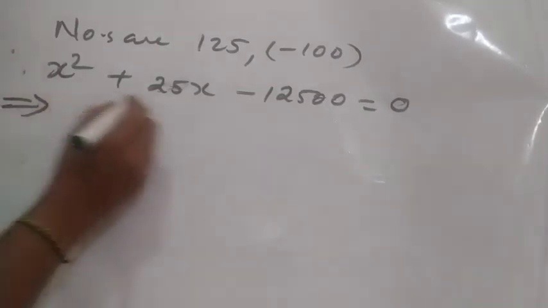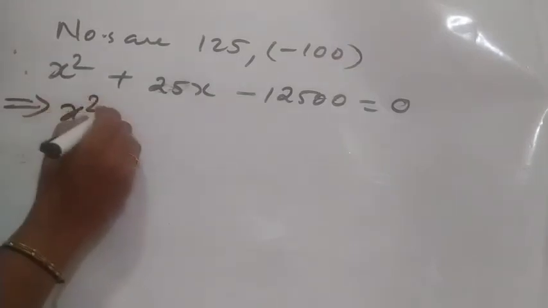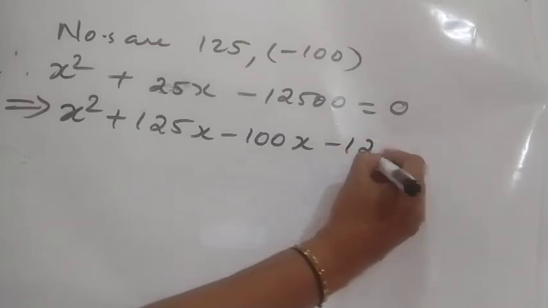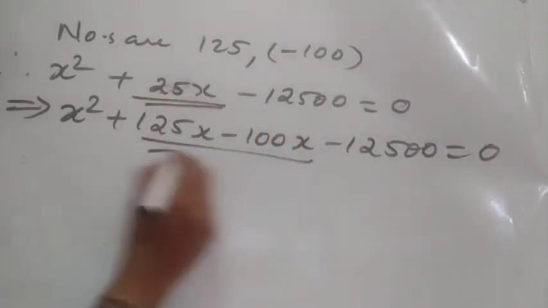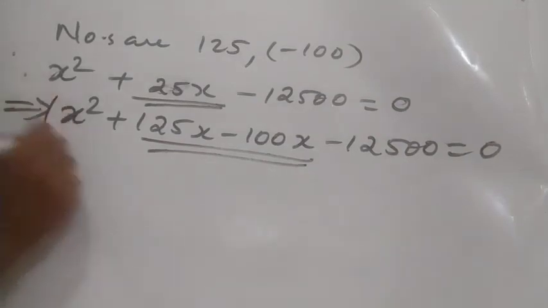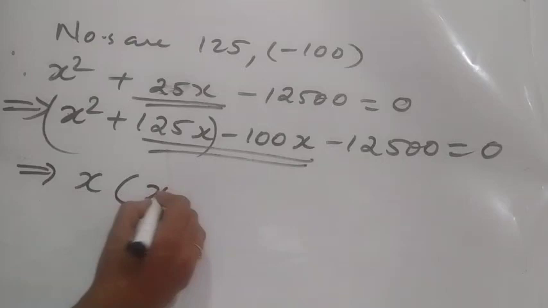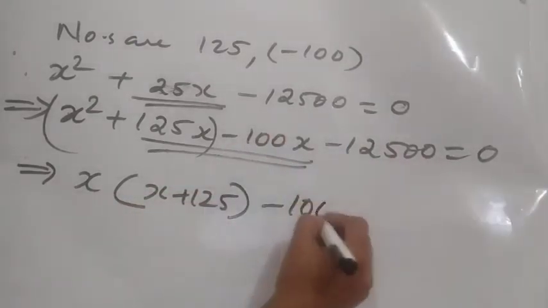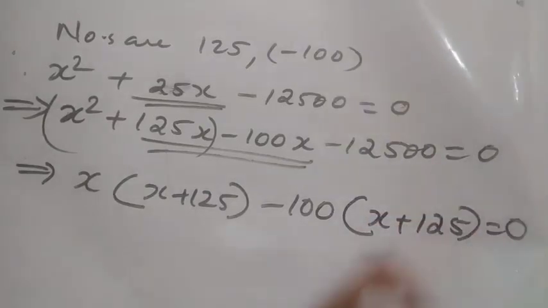So we can write this equation x square plus 25x minus 12,500 as x square plus 125x minus 100x minus 12,500. We changed this 25 as 125 minus 100. Now group these terms: x is common in the first two, x plus 125; in the next two terms, minus 100 is common, x plus 125, equal to 0.